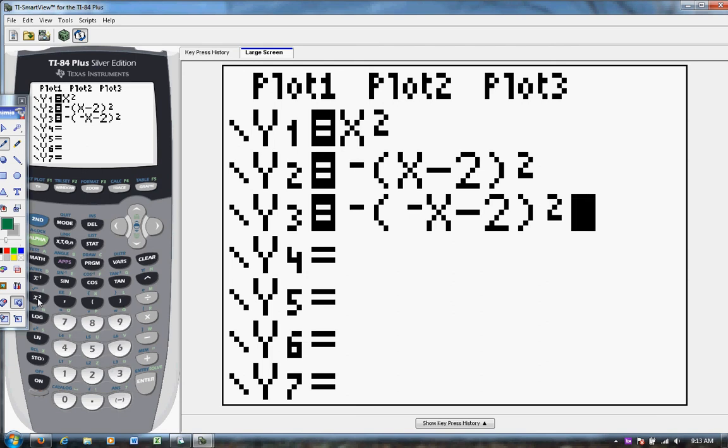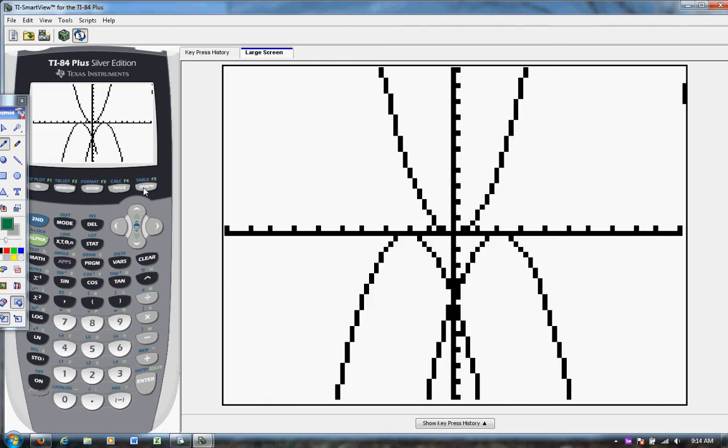I'm just going to graph it and let you see where it winds up. So do you see what happened? Didn't it get reflected across the y-axis? All right, because of that negative on the inside. Okay, so we still had a shift right, and then it got flipped across.